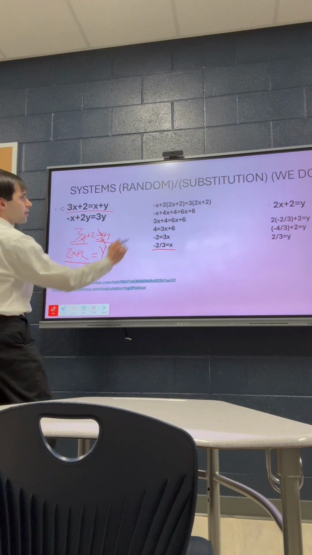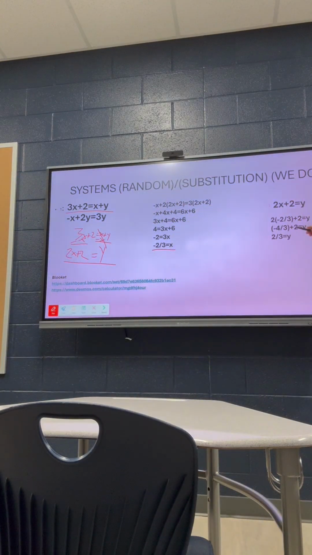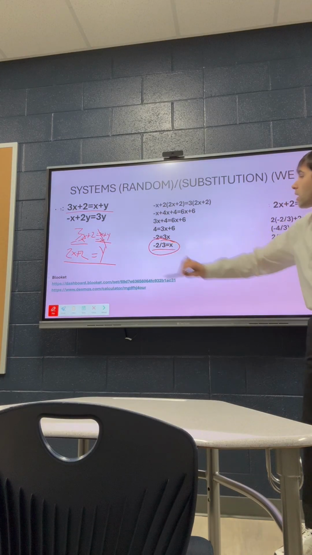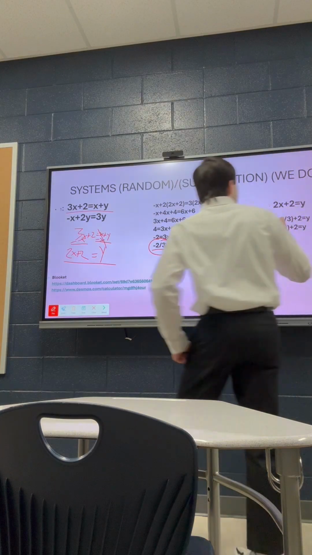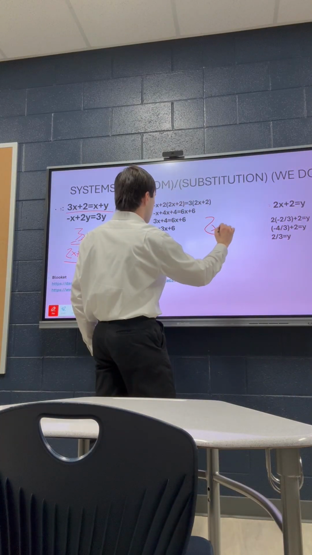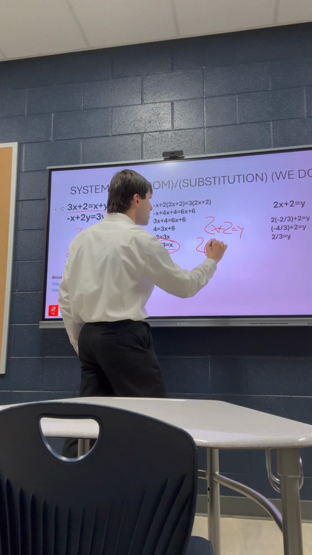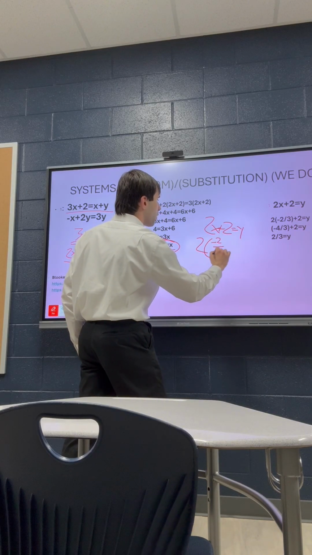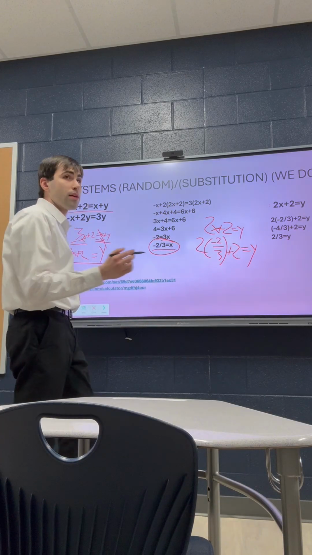Right? So that's how I got 2x plus 2 equals y. Now, we know what x is. We just solved for x. Now we just substitute for x, negative 2 over 3 plus 2 equals y.